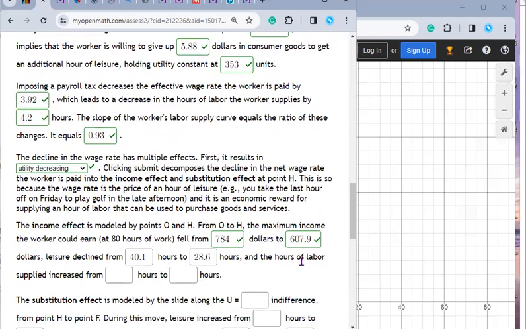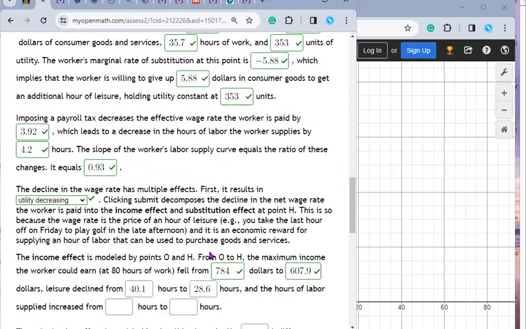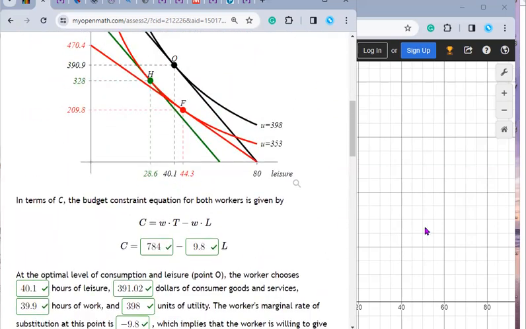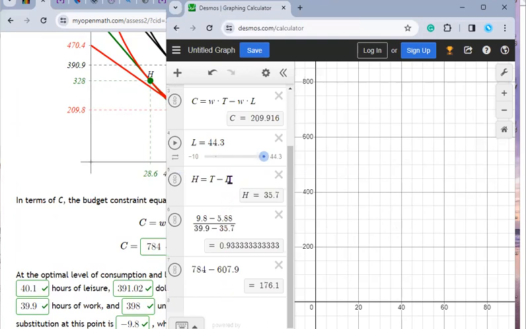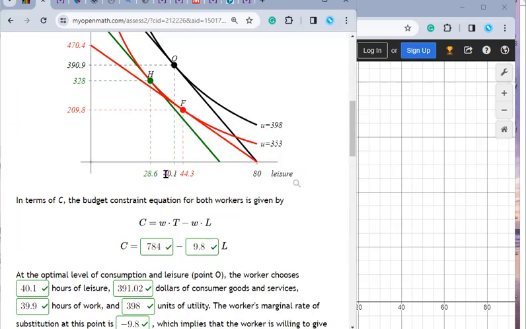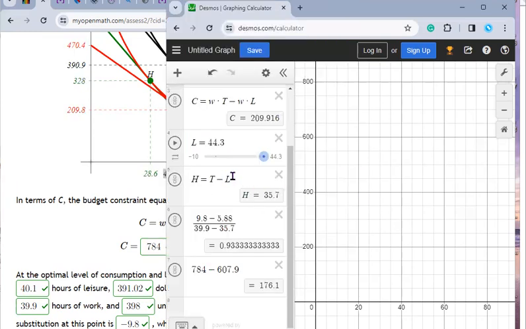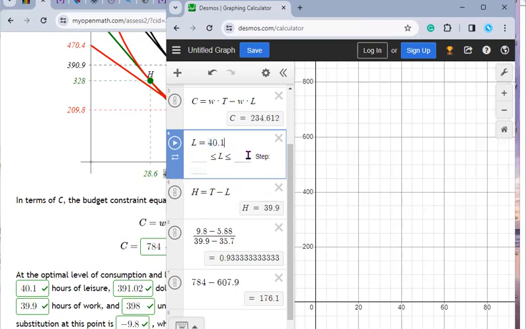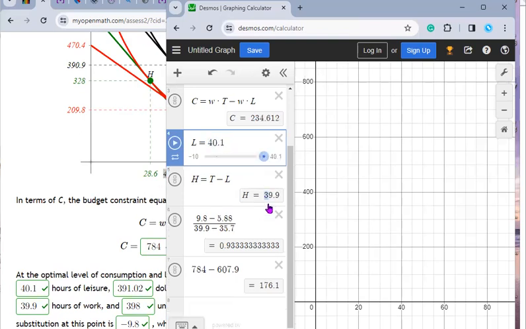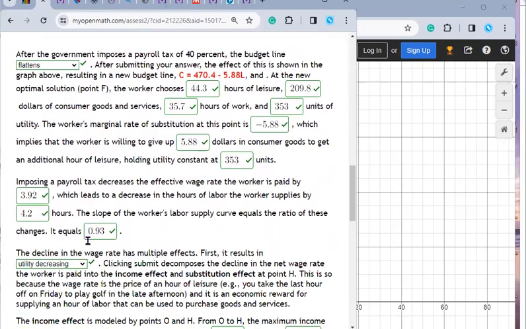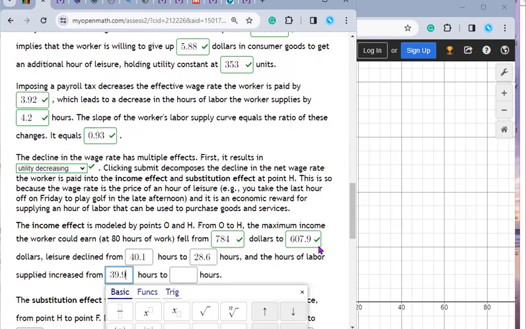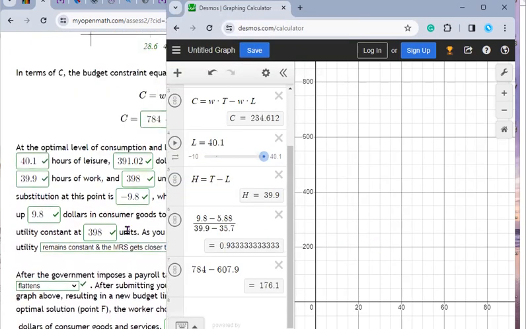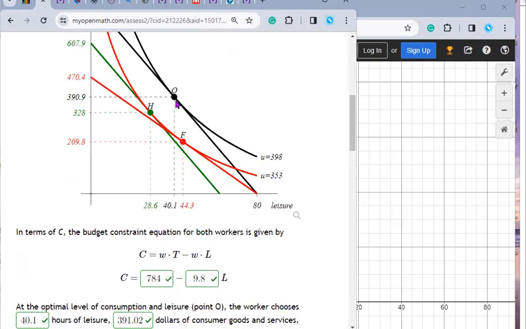And the hours of labor supplied increased from what? So let's go over here. Leisure was 40.1, right? So hours of work were 39.9. And then at point H, leisure is 28.6.